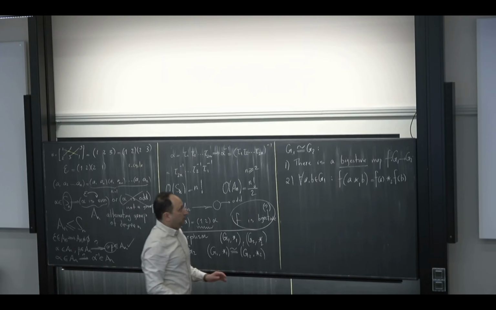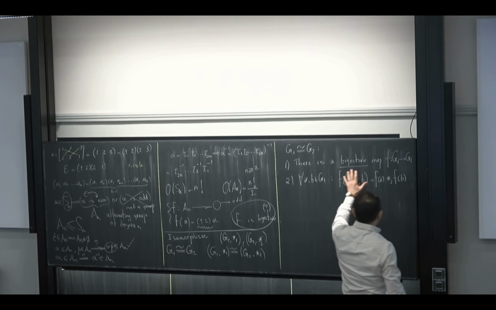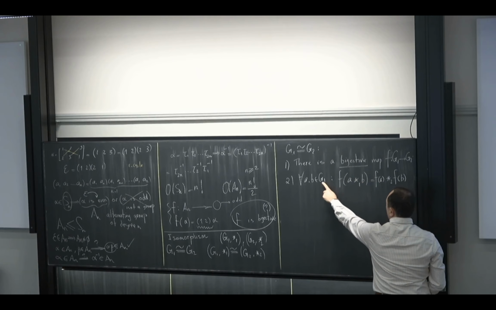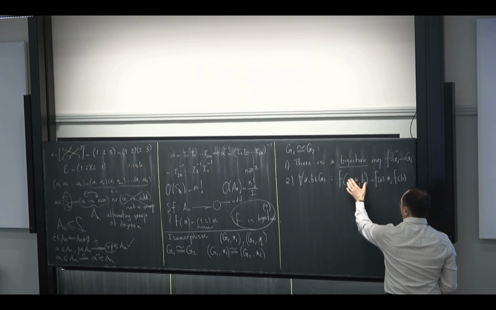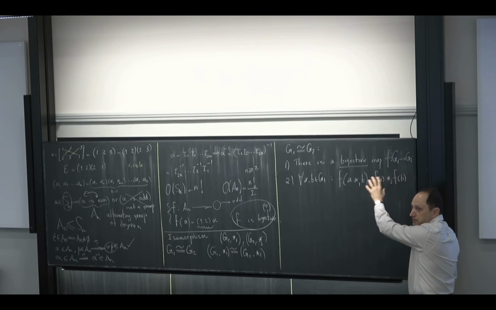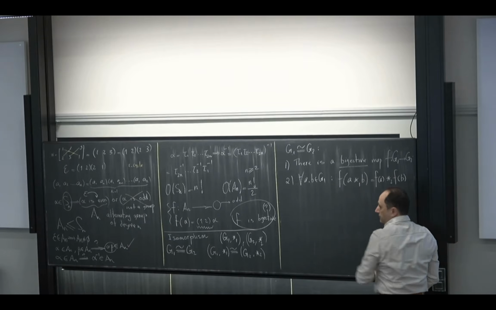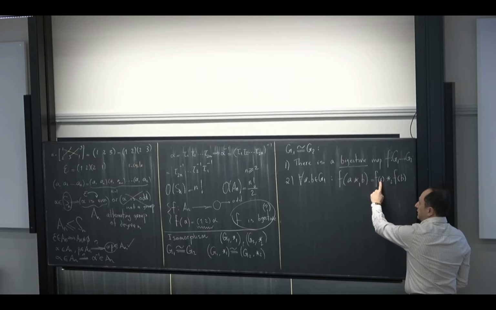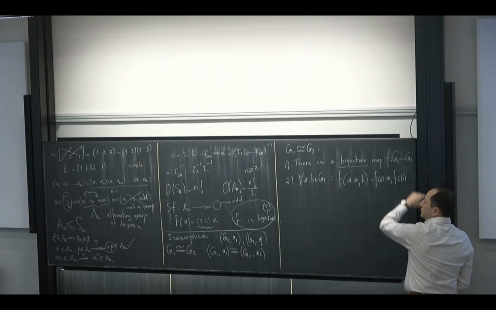So first of all, I want to make sure that you understand what it means. You see, A and B are chosen from G1. If I want to do a binary operation between them, that binary operation should be the binary operation from this group, yes? Because A and B are picked from G1. But now, after F applies on A, I go somewhere in G2.